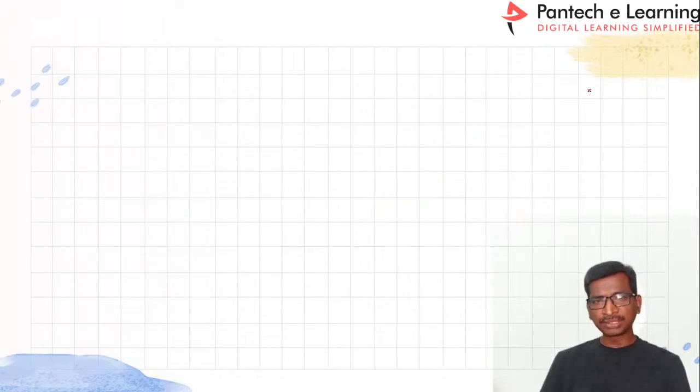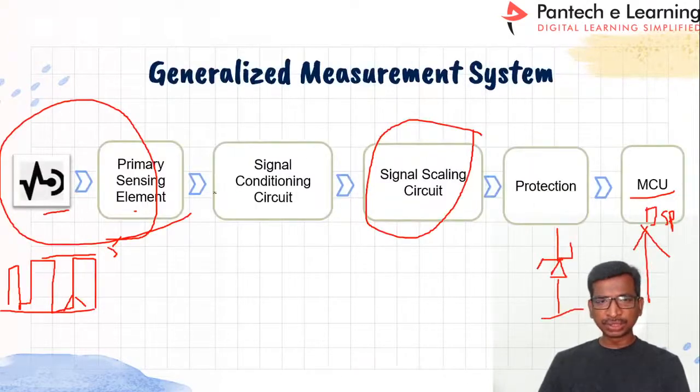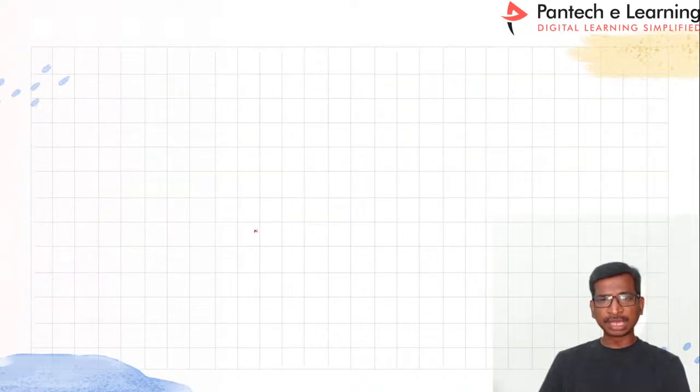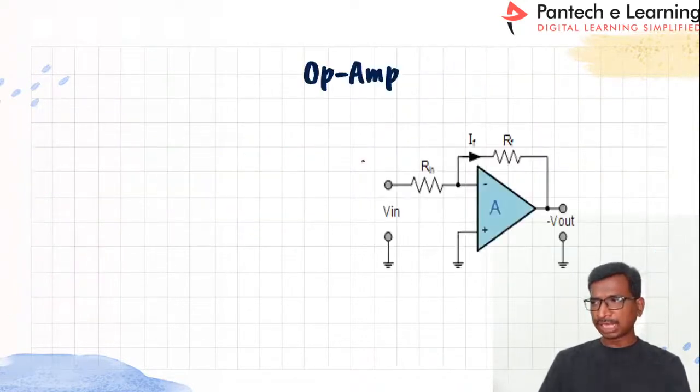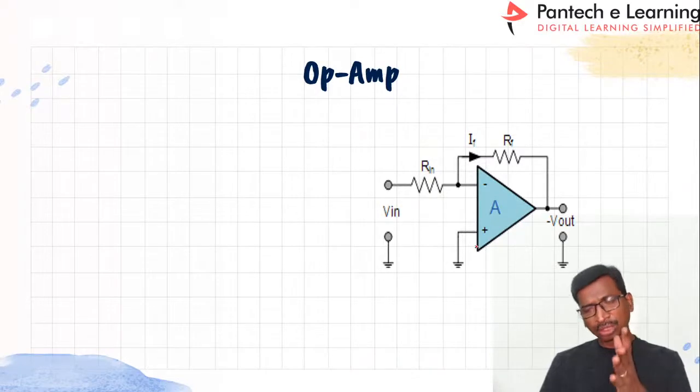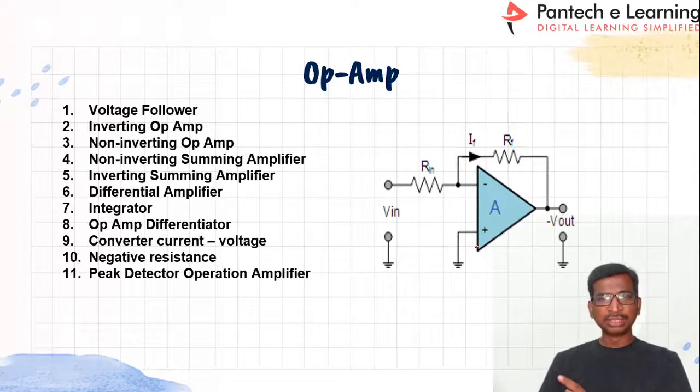So in the signal conditioning circuit, the main component is the operational amplifier. This operational amplifier is going to play a vital role in the signal conditioning circuit, I mean, in the sensor circuit design. To understand the op-amp, you should know some basic concepts of the operational amplifier.